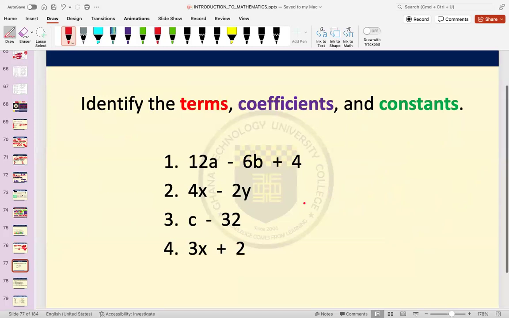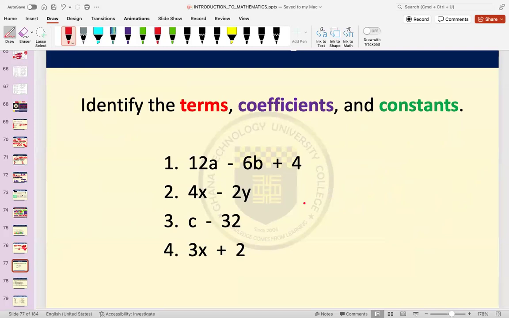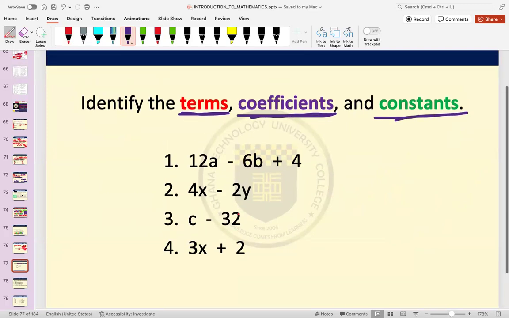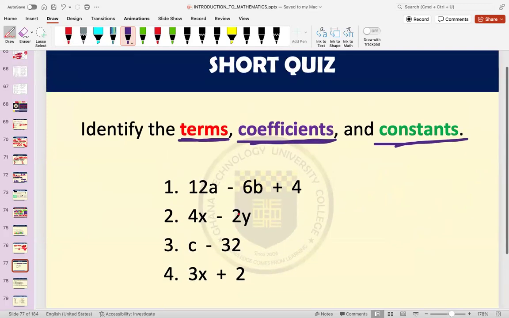Now, putting all together, if I ask you a simple question, the coefficients and the constants of the following algebraic expressions. So this is a short quiz. Identify terms, coefficients, and constants.